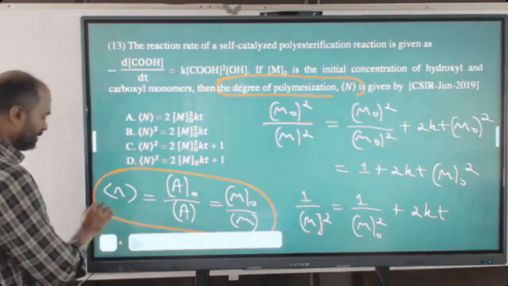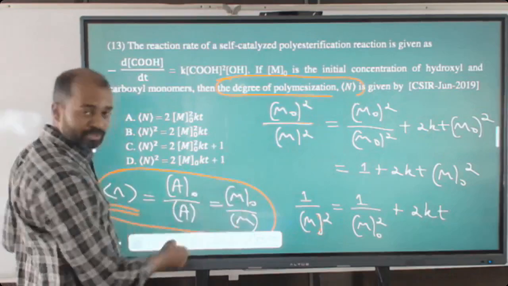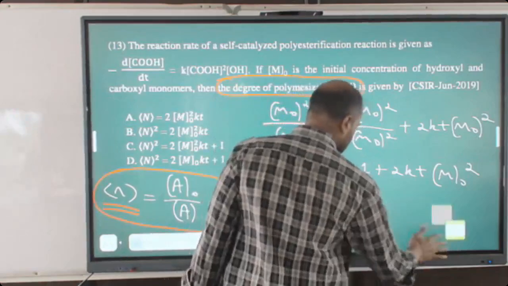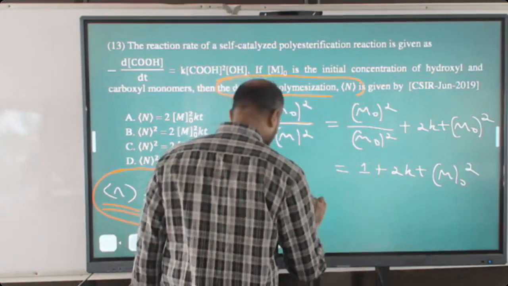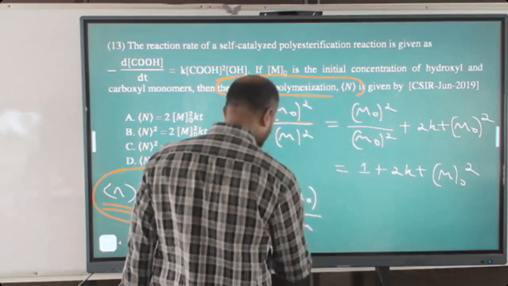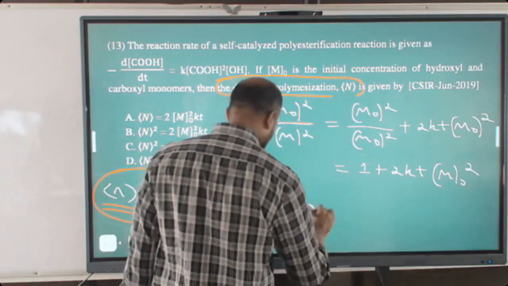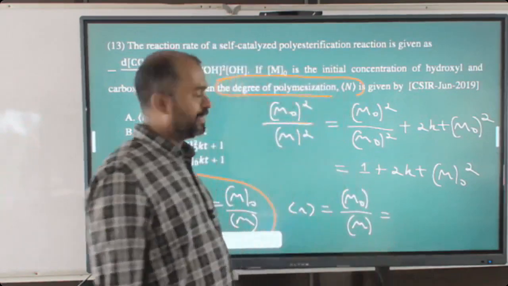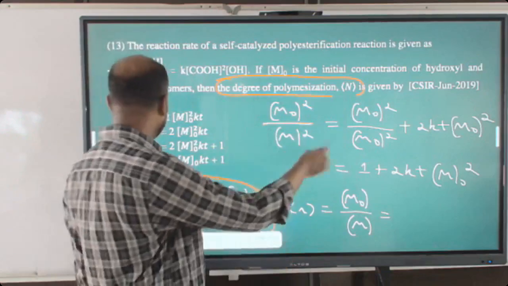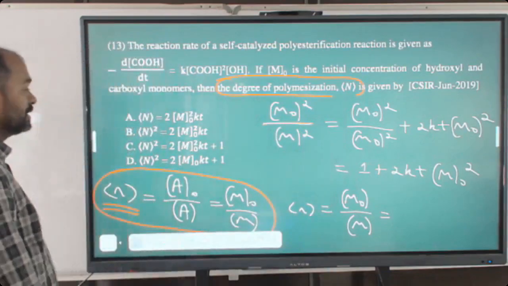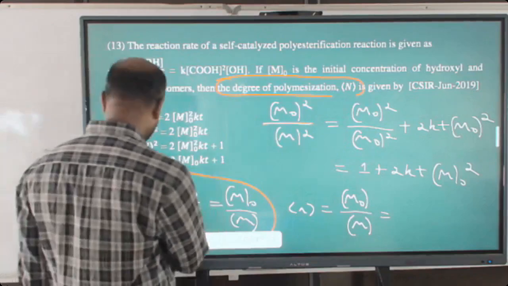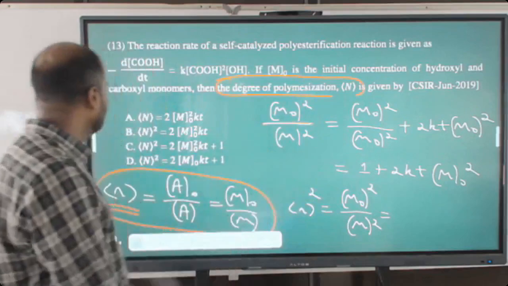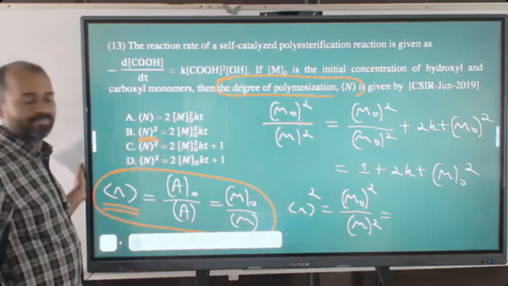Okay, then what is N? The degree of polymerization N is equal to M0 by M. Well, you just take the square root. Oh, they need N square. They don't need N; instead of that, they require N square.